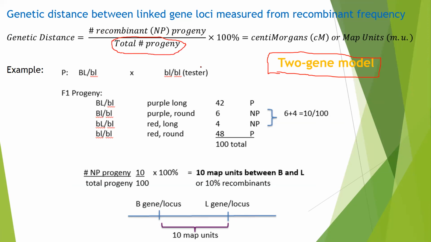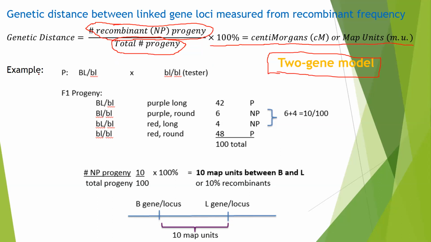For example, if you generate 1,000 progeny, from these 1,000 you see how many are recombinant, non-parental type. How many of them carry a genotype that is different from their parents? This ratio will give you the genetic distance between these two genes.